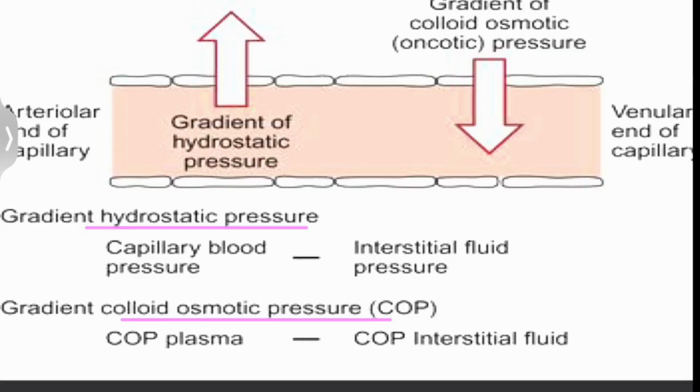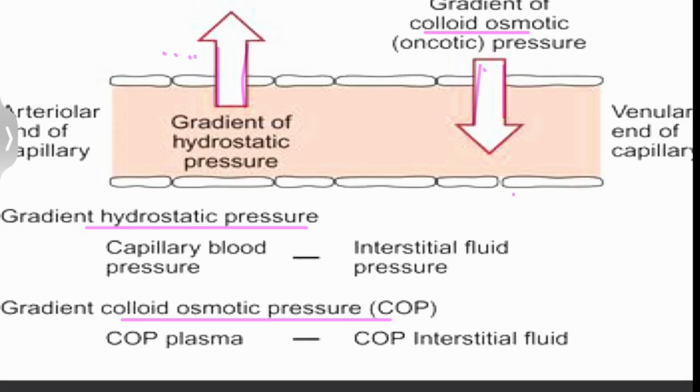The gradient is there because there is some amount of pressure inside the interstitial space also. This is the pressure that pushes the fluid outside, and the gradient of the colloid osmotic pressure absorbs the fluid.